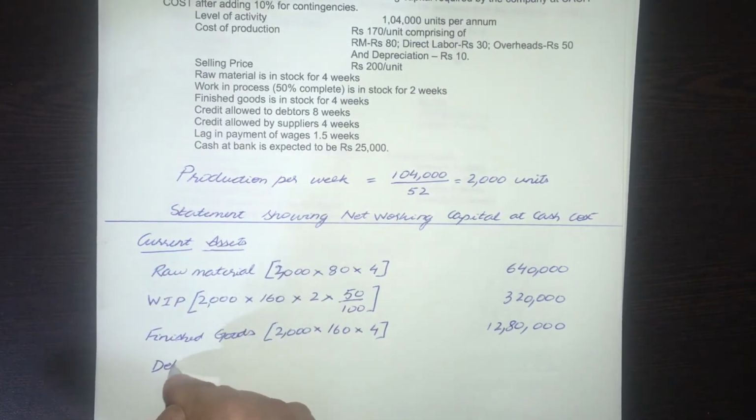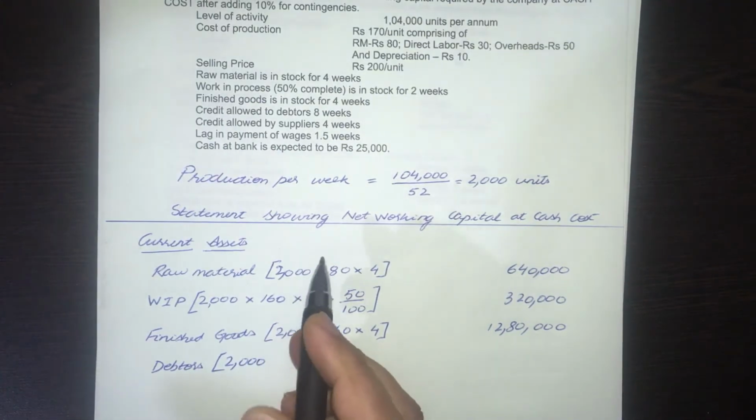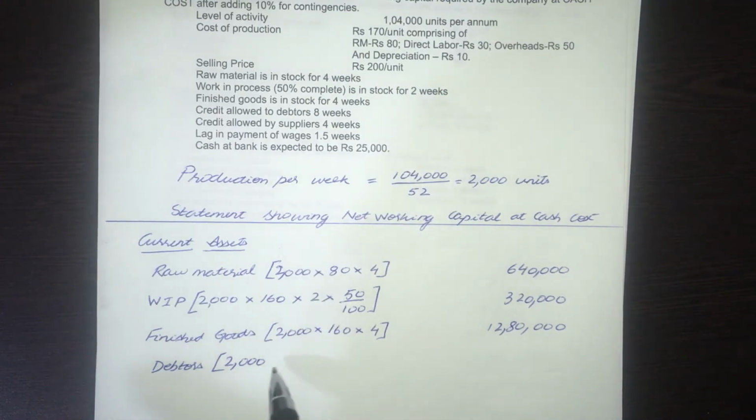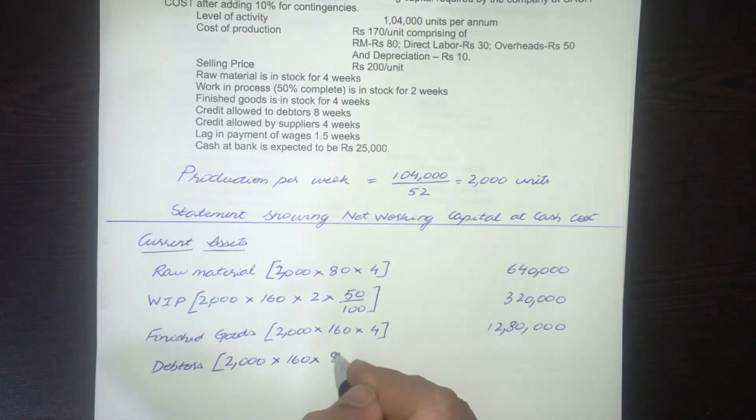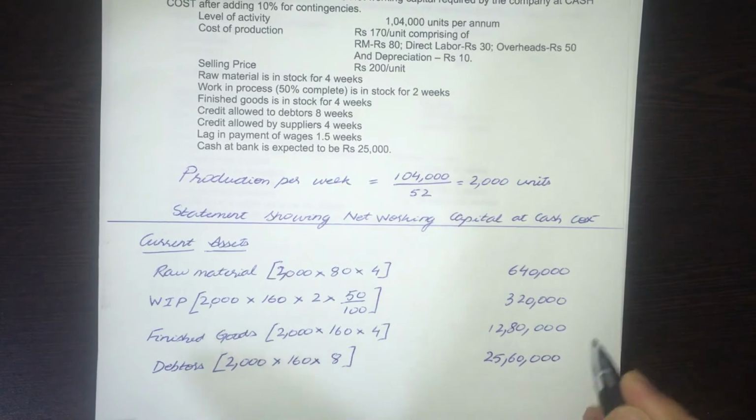So debtors, now debtors will also be valued at what? At the cost of production. I told you it will be at cost of production because the profit involved in selling price does not involve a physical cash flow. So 2000 into 160 into 8 weeks. So that works out to 25 lakhs 60,000.